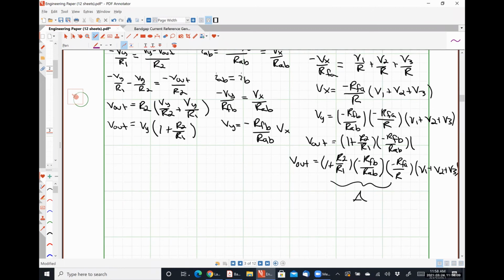For an inverting summer, what Dr. Hartman is saying is that the gain is the feedback resistor divided by the input resistor, and it's negative, all just times the sum of all the voltages for the input.